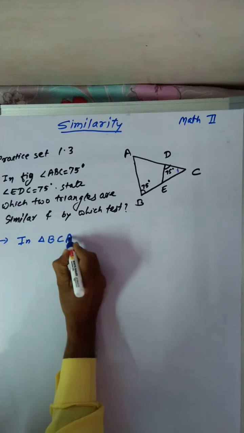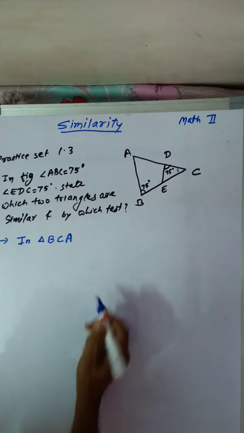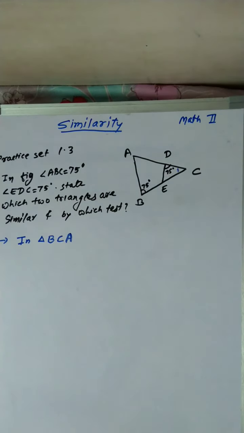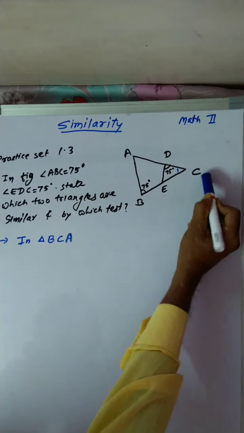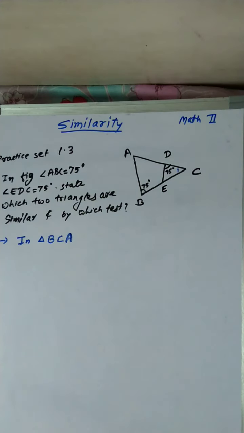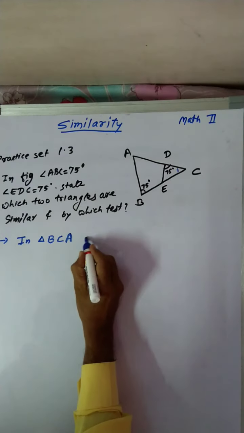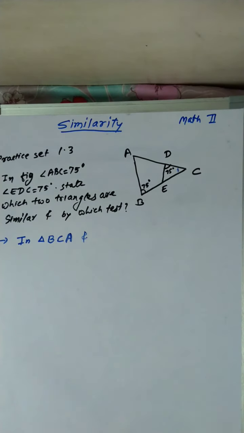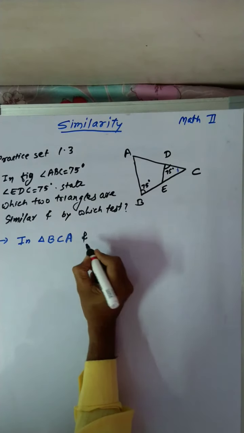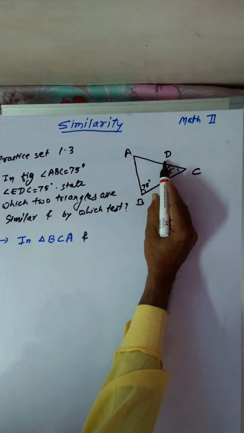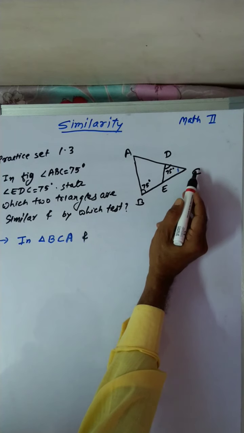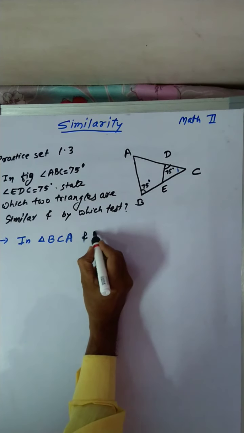How can we write the angles? Triangle BCA. First we take the angle which is congruent, that is B, then the common angle, and then the remaining angle. And now in the smaller triangle, first the congruent angle, that is D, then common angle C, and the remaining angle.